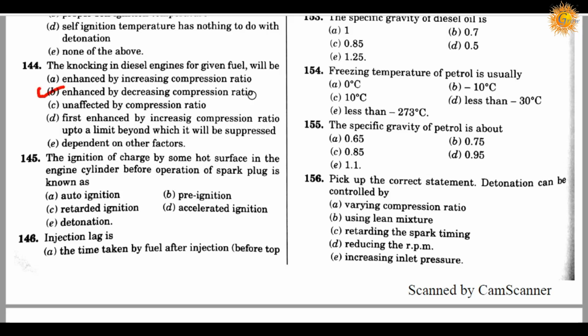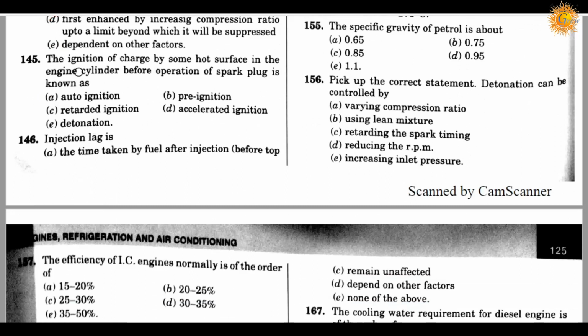Question number 145. The ignition of charge by some hot surface in the engine cylinder before operation of spark plug is known as option A, auto ignition, option B, pre-ignition, option C, retarded ignition, option D, accelerated ignition, option E, detonation.